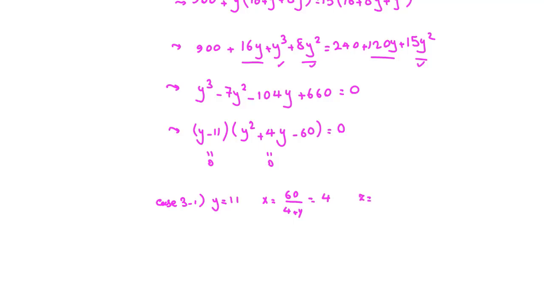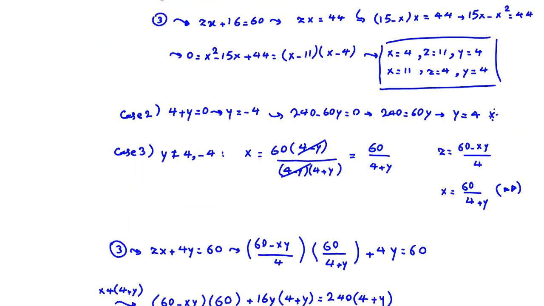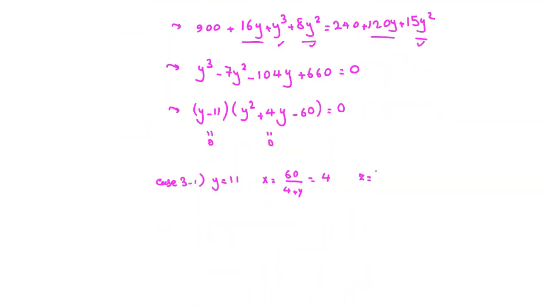And z is what? 60 minus xy over 4. So it will be 60 minus 44 over 4, 16 over 4, which is 4. So one answer is this, case 3-2.